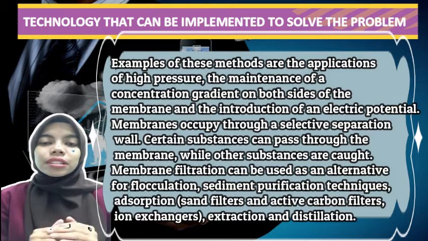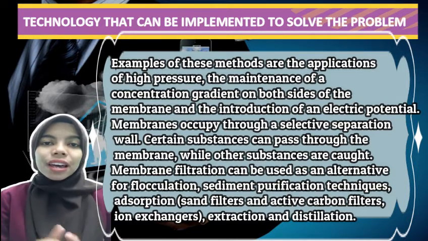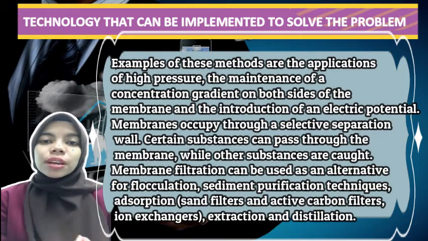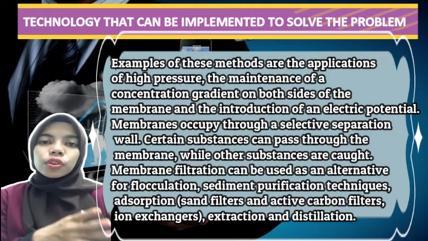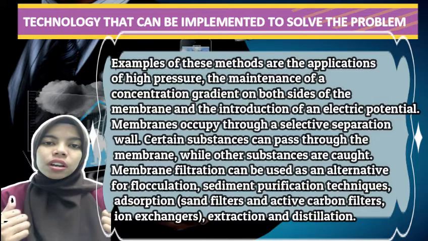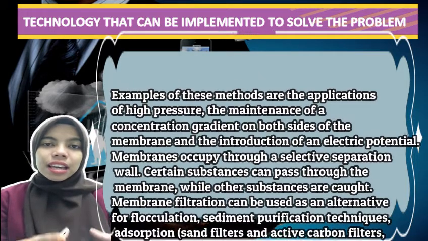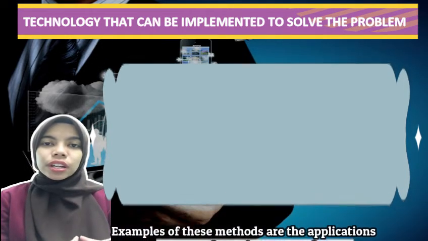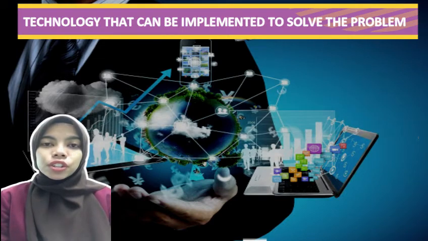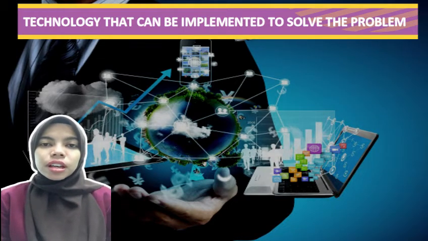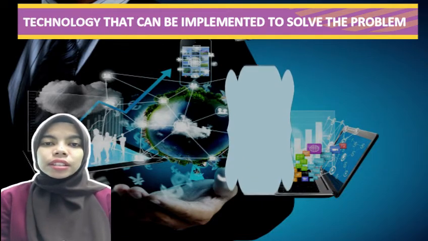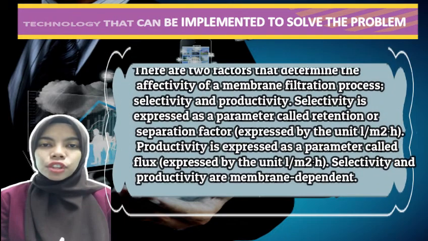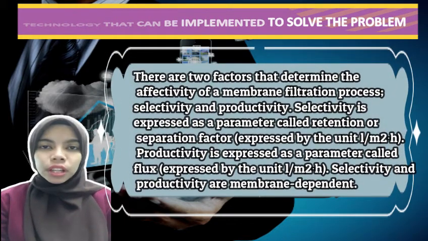Certain substances can pass through the membranes, while other substances are caught. Membrane filtration can be used as an alternative for flocculation, sediment purification techniques, absorption, sand filters, active carbon filters, ion exchange, extractions, and distillation.